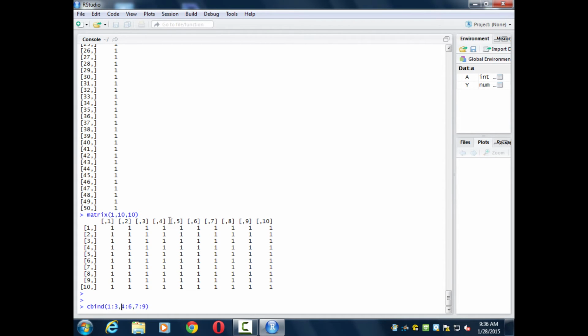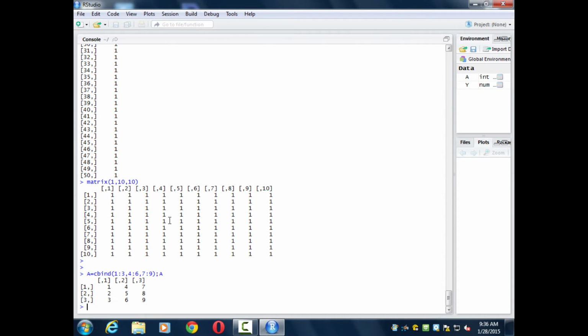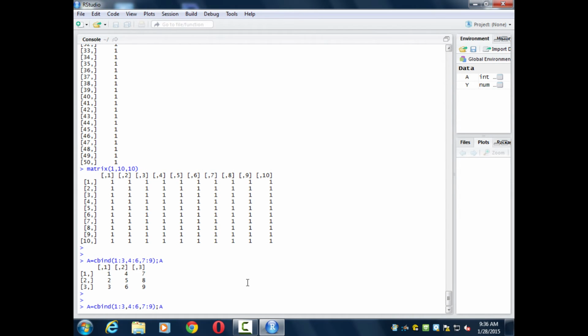I'm going to call this A. Okay, type here semicolon, and you can see how these numbers are stored in the columns of this matrix, precisely because we are specifying with this command cbind that we are pasting or gluing the columns next to each other. We could also do a similar thing if instead of cbind we bind or paste together the rows.